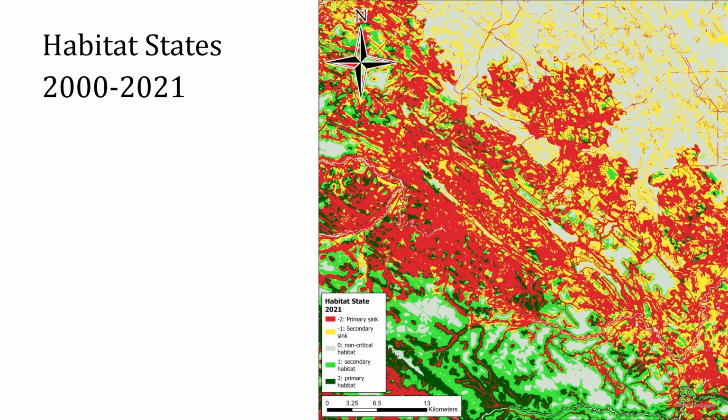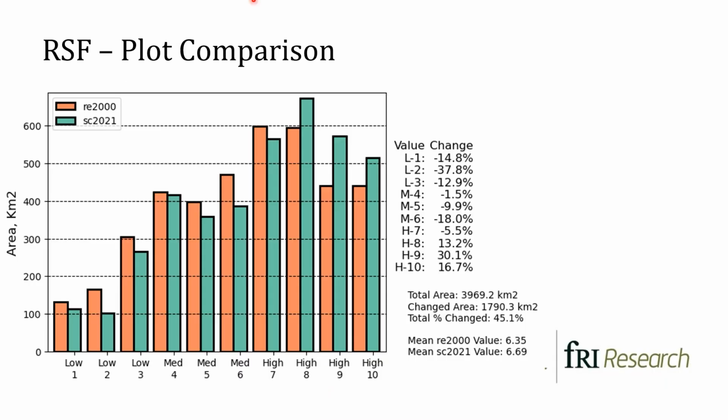Now let's look at this through the lens of our change detection plots. And we're going to do this for RSF, risk, and habitat states. In all of these scenarios, our reference is going to be considered our 2000 values, and our scenario is going to be considered our 2021 values. And our reference values are going to be in red, and our scenario values are going to be in green.